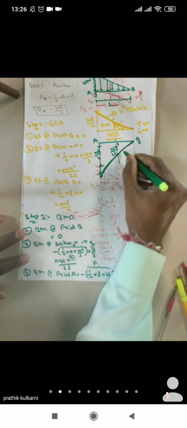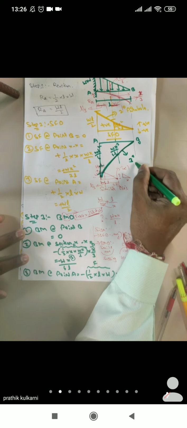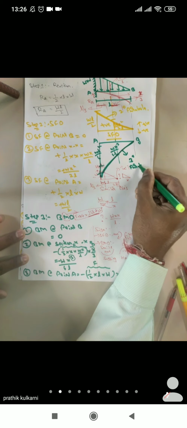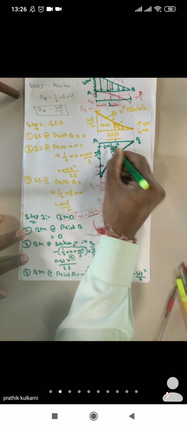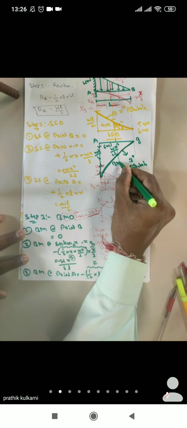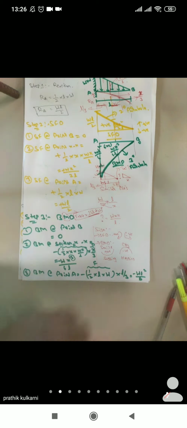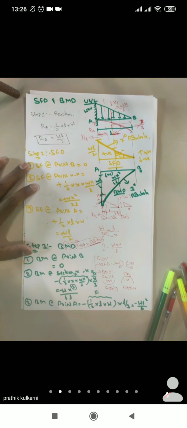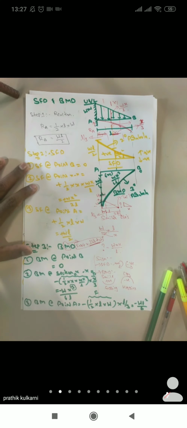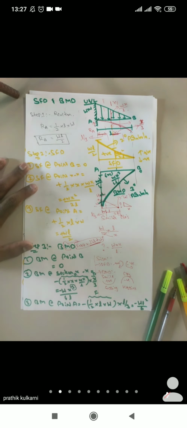So this is my 3-degree parabola, and this is completely negative. I can write it as the bending moment diagram. See how many notations and values there are, so please be careful, think, and then do it.